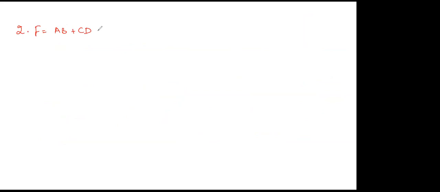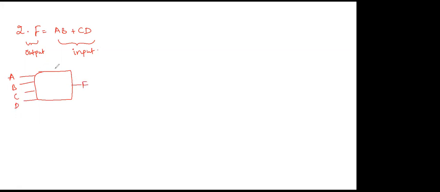Before drawing the internal diagram, we know the left side is the output and the right side indicates the input variables. So the digital device has four inputs A, B, C, D and a single output F.